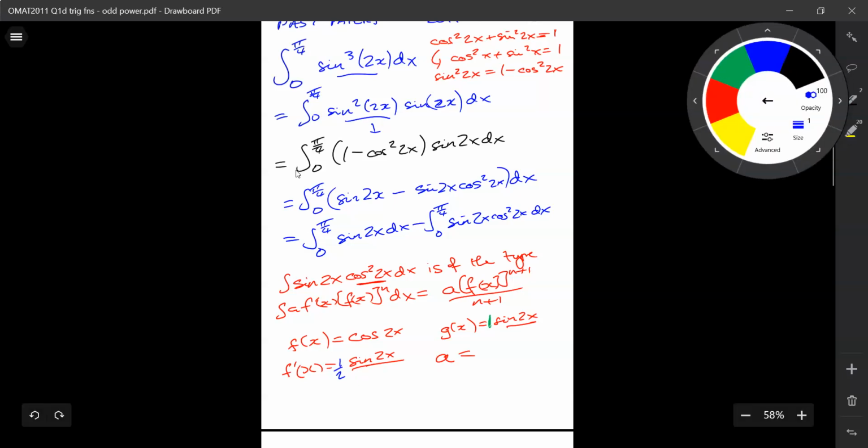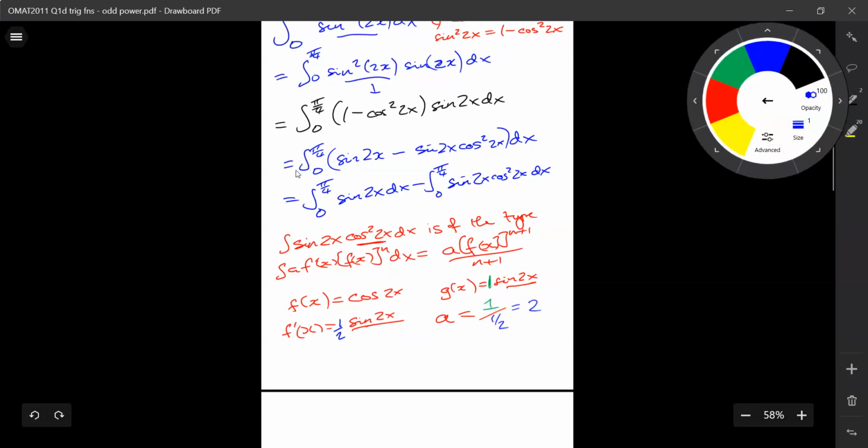So if I bring that over here, that's 1 divided by half, like that. So if you remember, we did this before, dividing by half is the same as multiplying by 2 over 1. So that gives us a is equal to 2. And then the question is, is a times f prime of x equal to g at x?